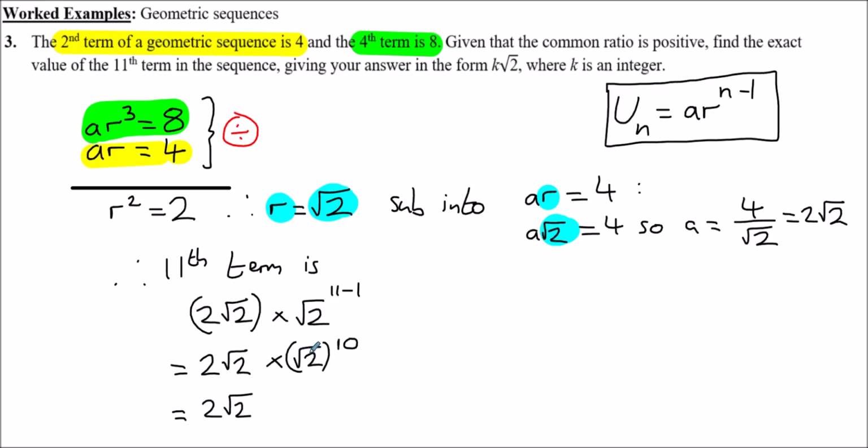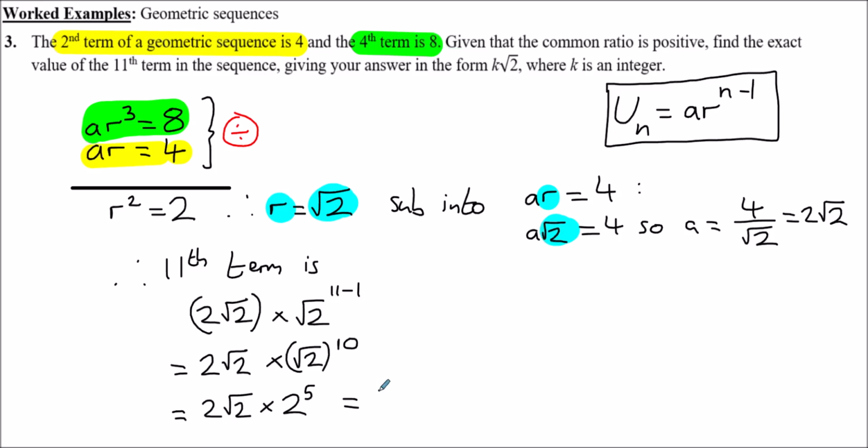Root 2 squared is 2, and power 10 is something squared, then to the power 5 again. So if you think about power 10 as being something squared, then to the power 5, root 2 squared is 2, then do that to the power 5. And 2 times 2 to the 5 is 64. 2 to the power 6 is 64.